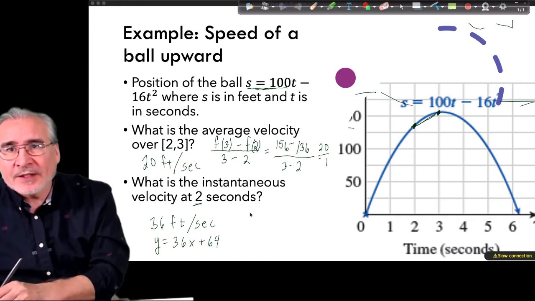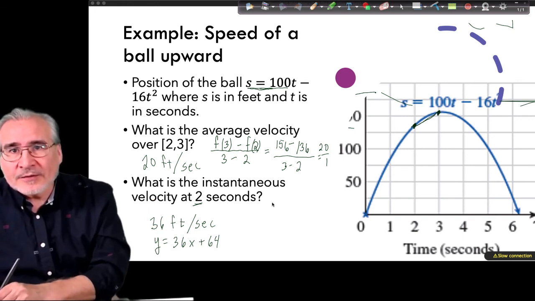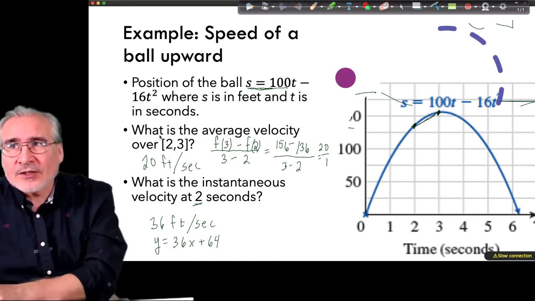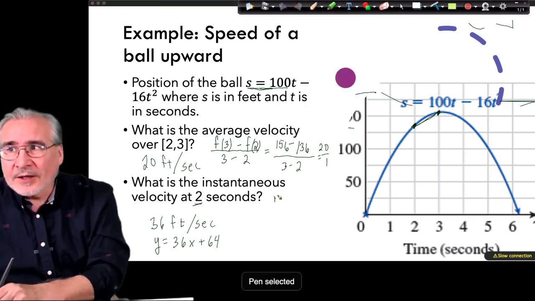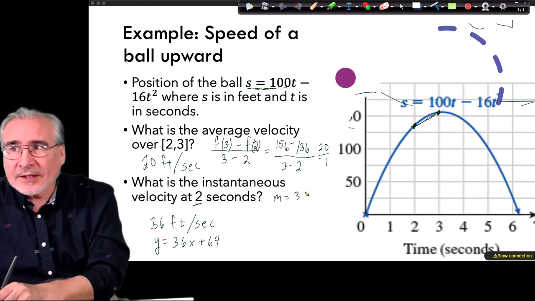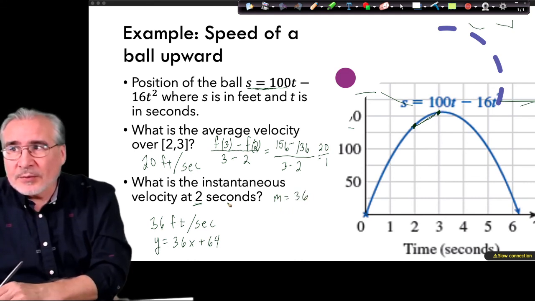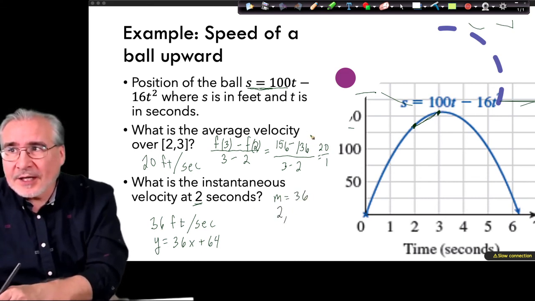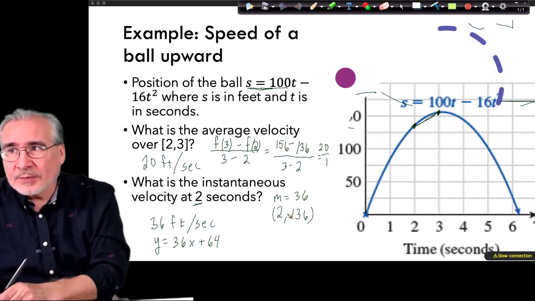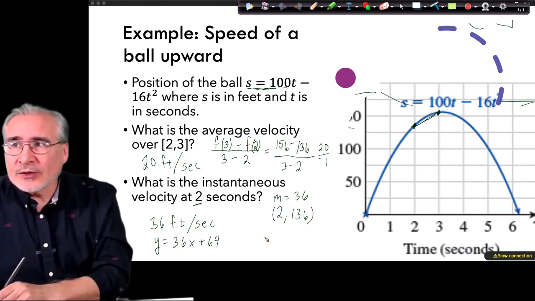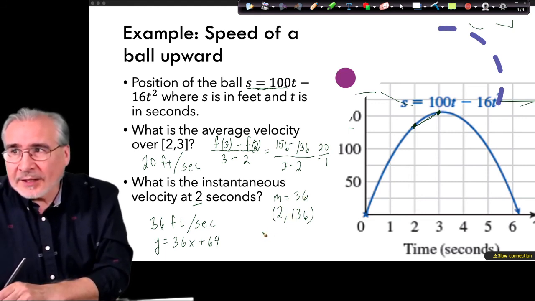And again, what we would have done here is we would have found the linear equation where the slope was 36, and it went through the point 2 comma 136, because that's what we figured out. We had to find that. So there's a slope and a point. Now you could use the point slope formula. You could also use the y equals mx plus b.